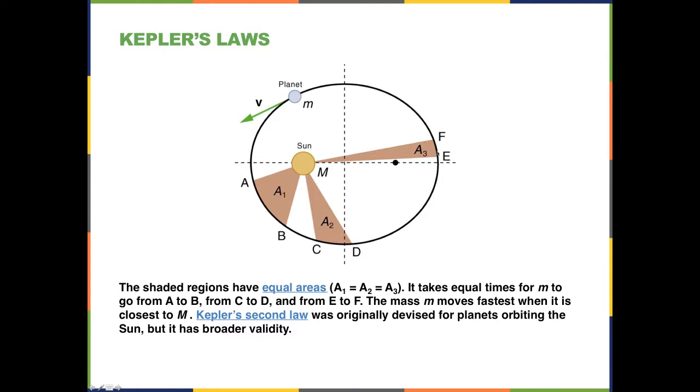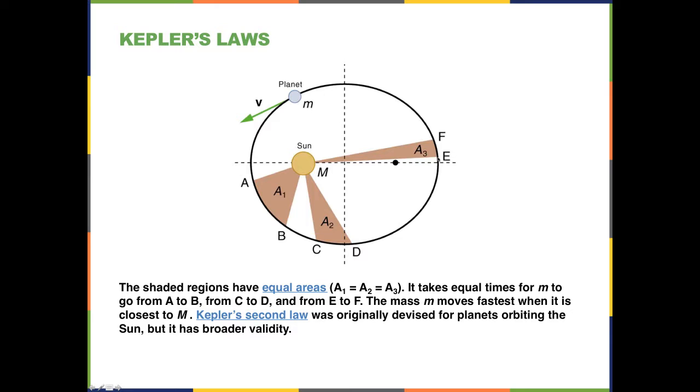Remember that these shaded regions represent various angles of displacement along the path. Kepler's law states that when a planet orbits, A1 is equal to A2 is equal to A3.